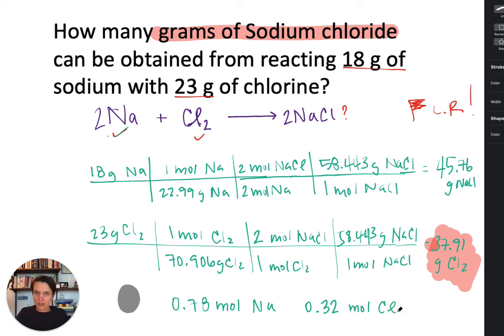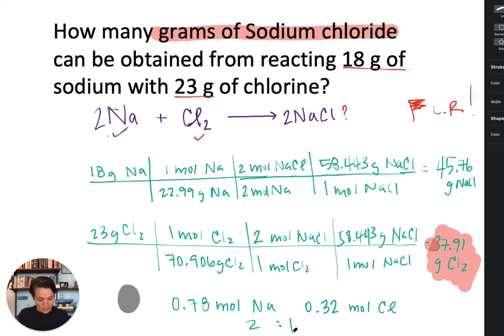And we needed to get to moles. We cannot just look at grams to figure out what's going to run out first. It doesn't matter that I had 18 grams of sodium. I have fewer grams than chlorine. That's irrelevant, right? Because grams is not comparable between species. Moles is. So I have 0.78 moles of sodium. I have 0.32 moles of chlorine. I have a mole ratio of 2 to 1.